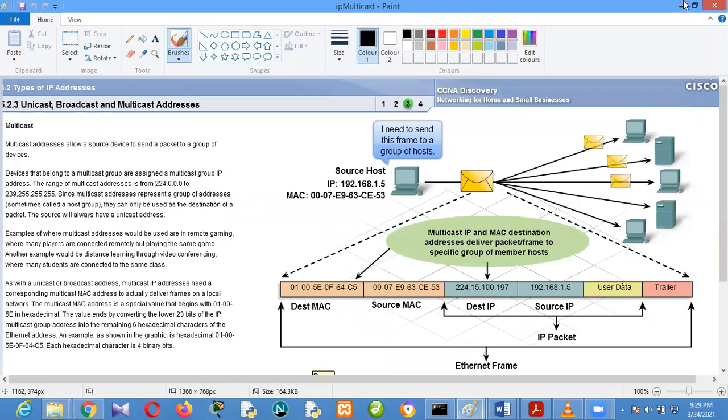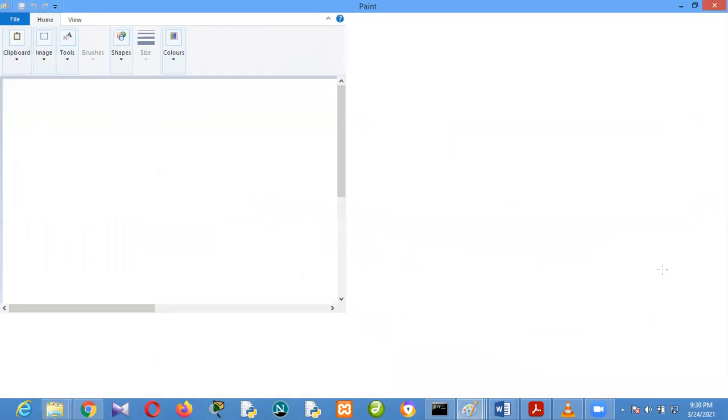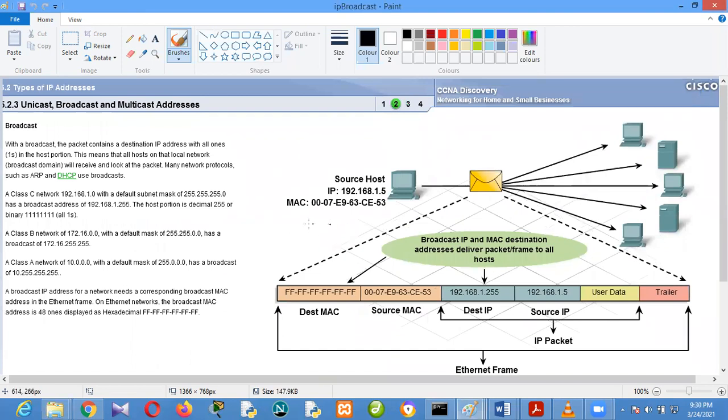Okay, now we have three types of message patterns.